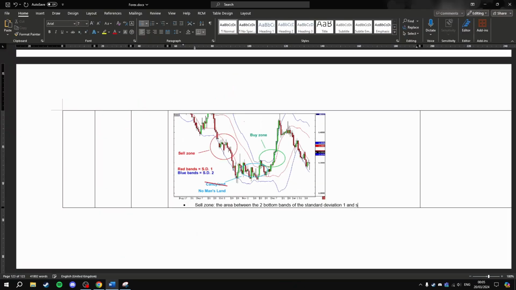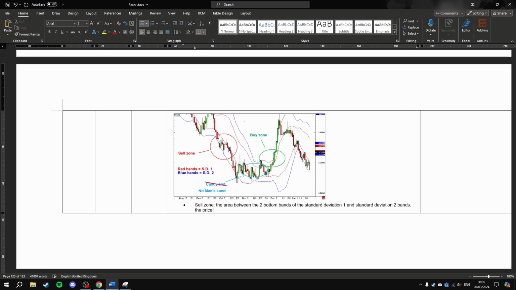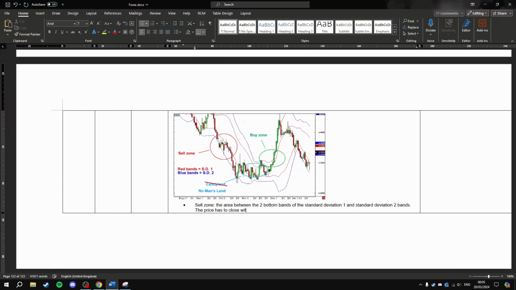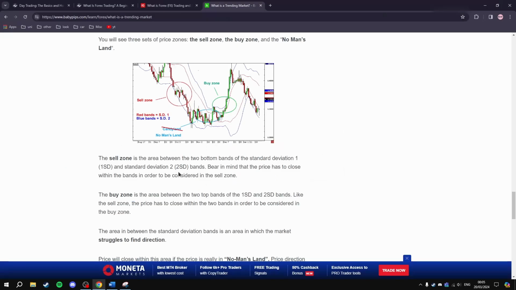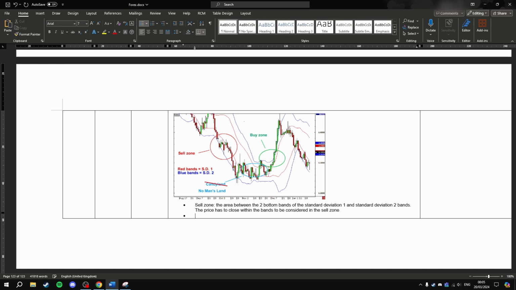Bear in mind that the price has to close within the bands in order to be considered in the sell zone.